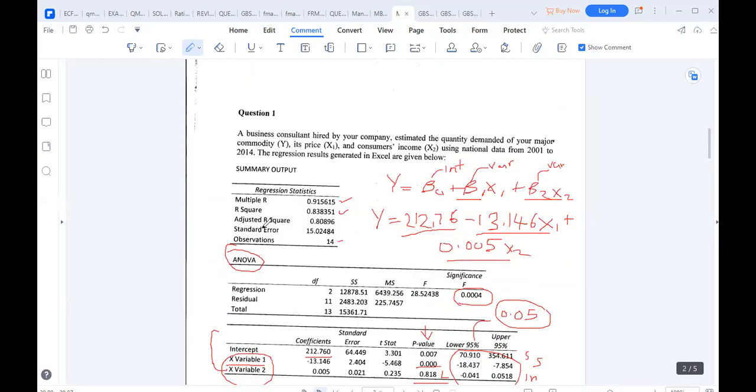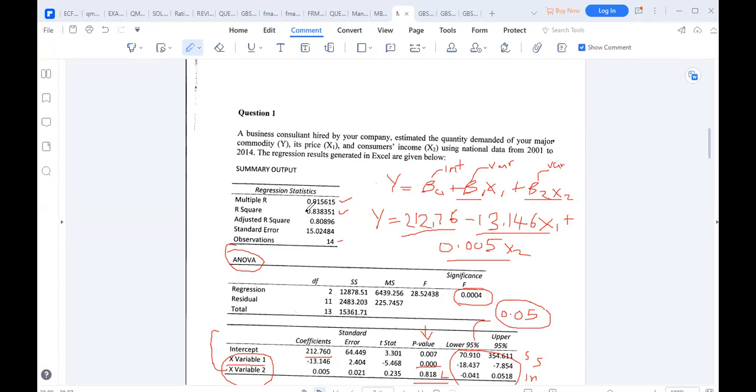So we have these adjusted coefficient of determination, which is R squared. So our R squared here implies that 83% of our X or our independent variables affect the dependent variable.